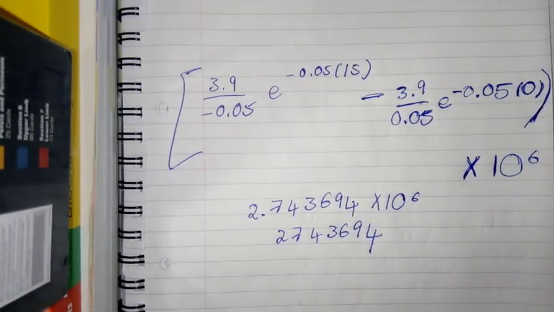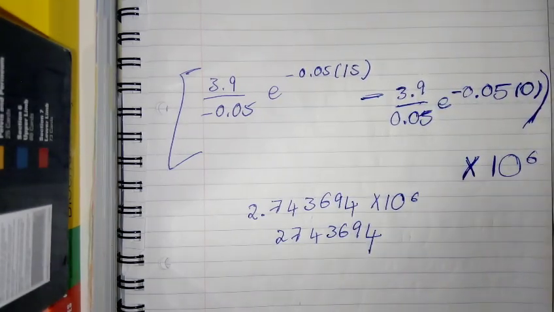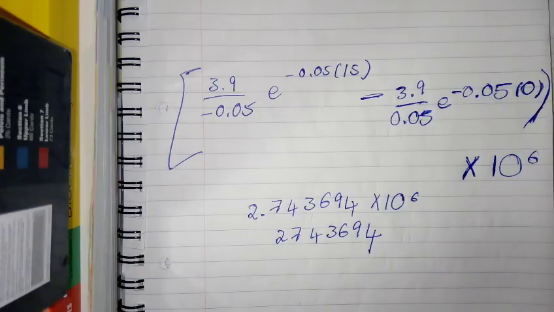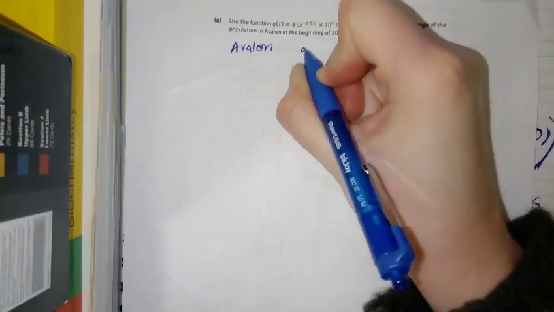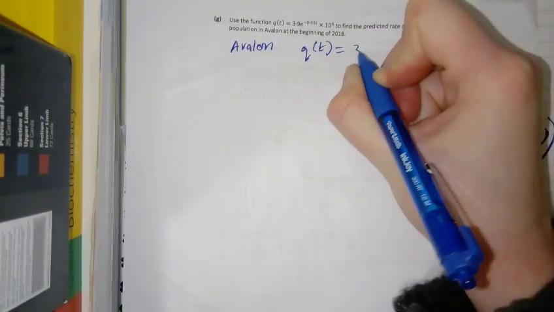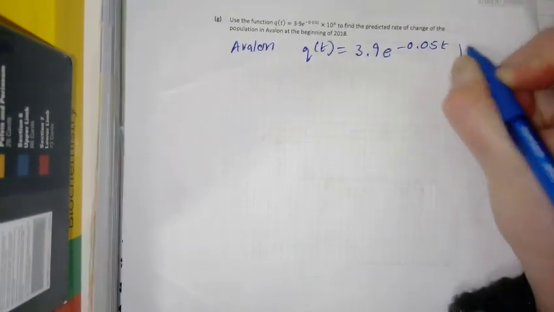And then the next question we have there is, using the function for Avalon. So Avalon is Q of t equals 3.9 e to the minus 0.05t by 10 to the power of 6.